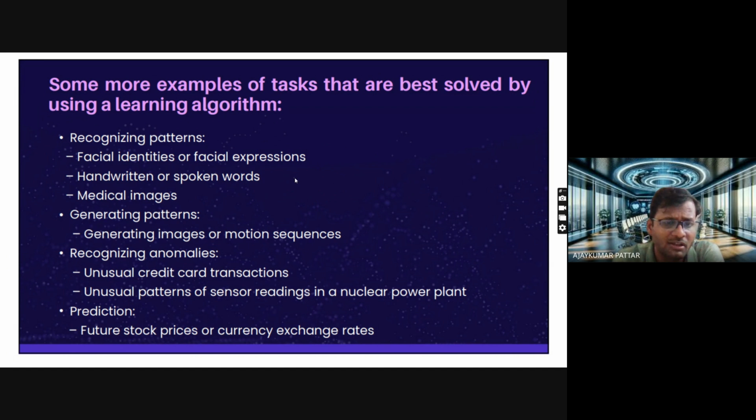In common life, there are credit card transactions and unusual patterns of sensor readings in a nuclear power plant. These are other applications of machine learning. Based on current data, it will also predict future stock prices and exchange rates.